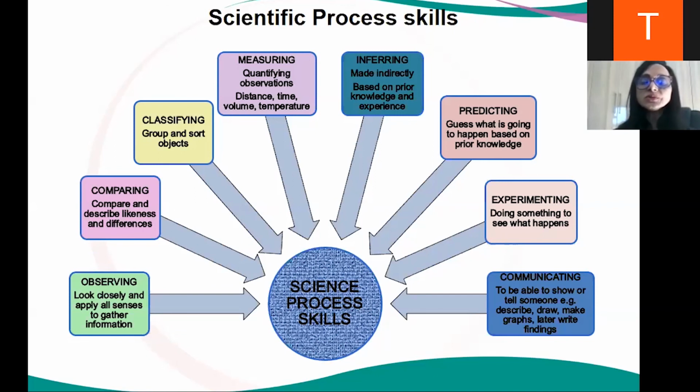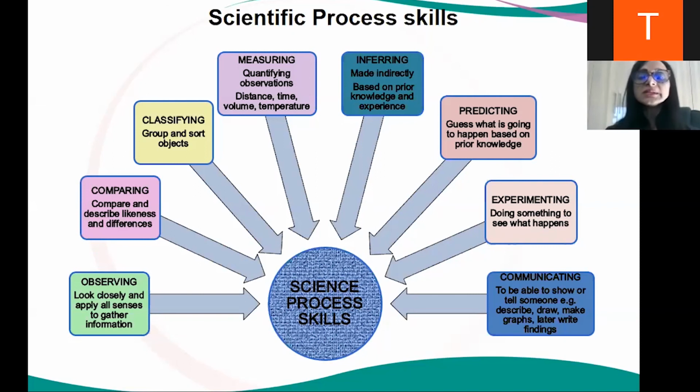And then the learners will sort out the material that they think would be able to make the kite and make it fly high. In other words, the learners are expected to sort out items that are heavy from items that are light.